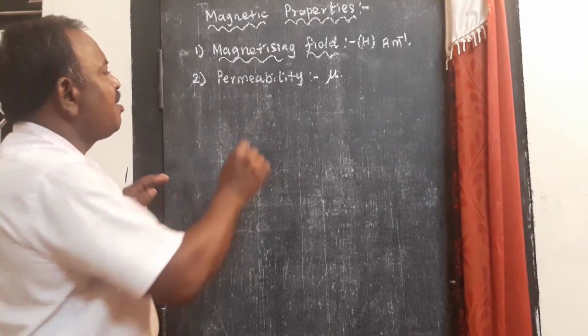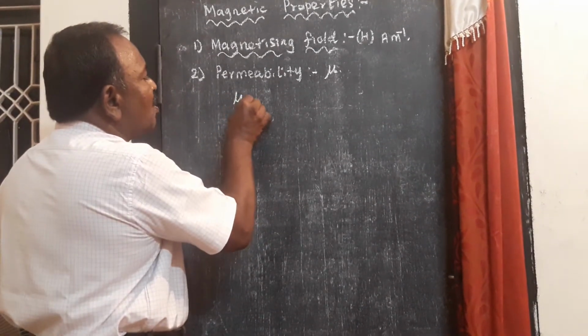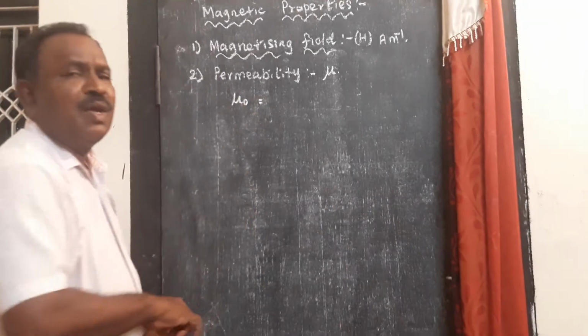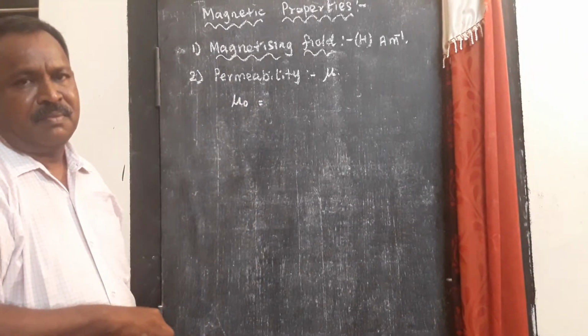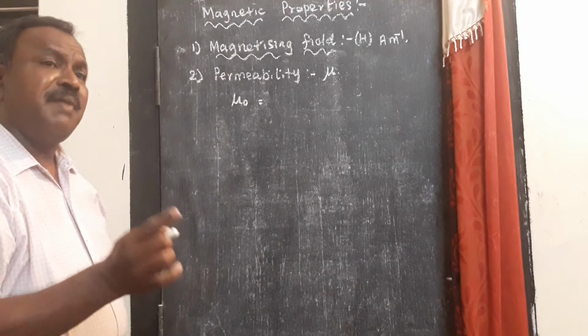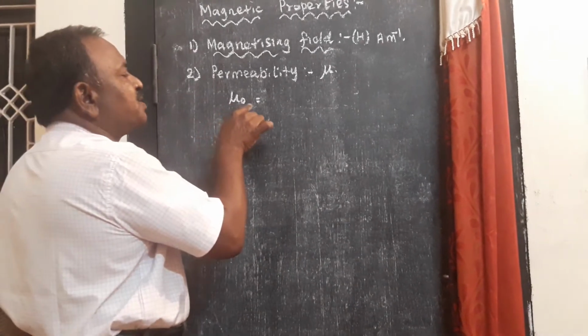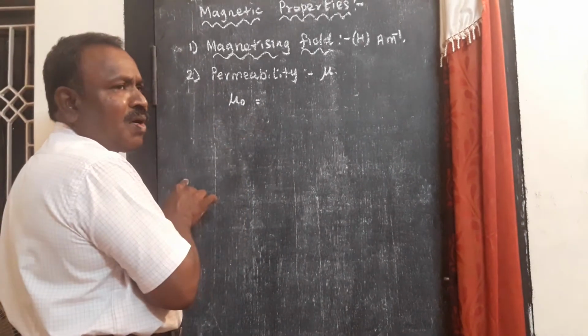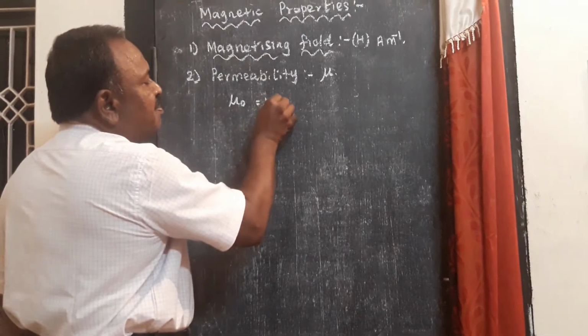Permeability of free space or vacuum is represented by mu naught.